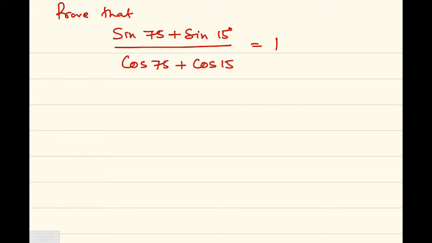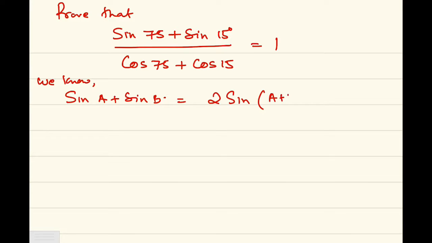So here goes the first one. It says sine 75 plus sine 15. Doesn't it look like the formula of sine A plus sine B, everyone? Let's write the formula. We know sine A plus sine B equals, which category is it? The first category. So it will be 2 sine A plus B by 2 cos A minus B by 2. That's the first formula.